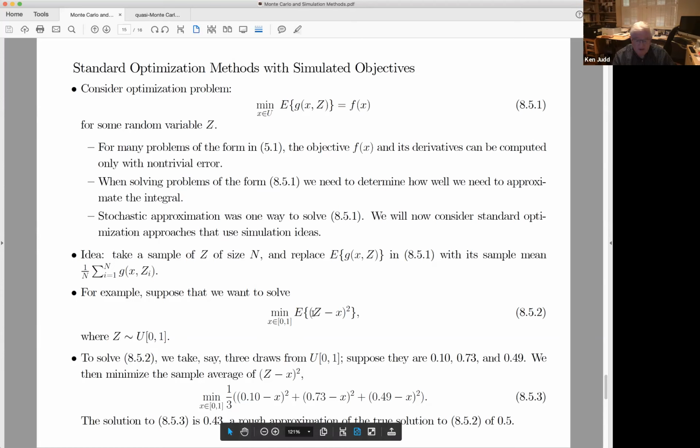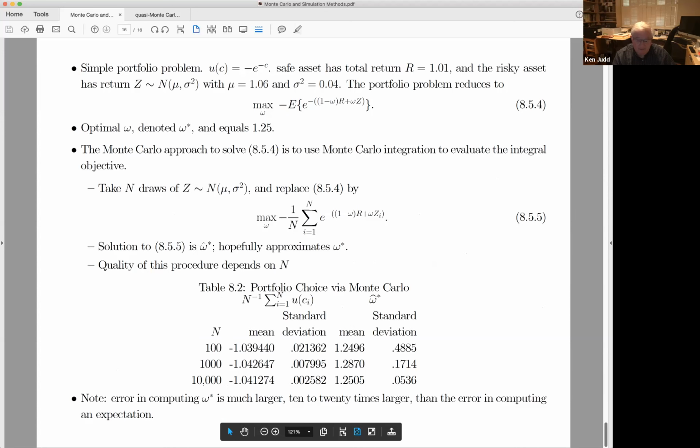Yeah, the true solution to this is 0.5. But suppose we draw 3 points, and they're 0.1, 0.73, and 0.49. The solution is going to end up being 0.43, not 0.5. Now, there's an error. There's noise. But the problem is that it gets worse. I mean, it gets better, but very slowly.